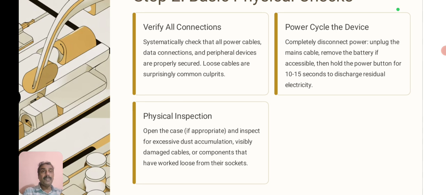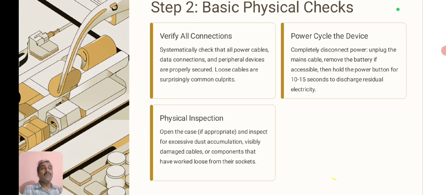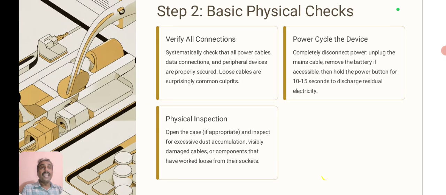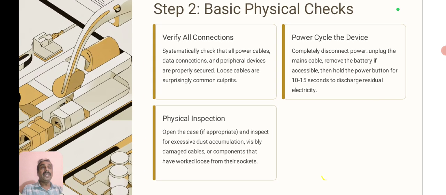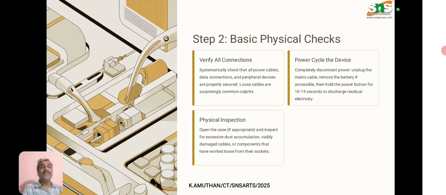Then take a physical inspection and power cycle the device: completely disconnect the power, unplug the main cable, remove the battery if accessible, then hold the power button for 10 to 15 seconds to discharge residual electricity. So check all the connections, do a physical inspection, and power cycle the device.